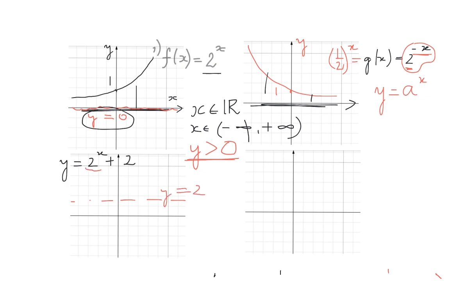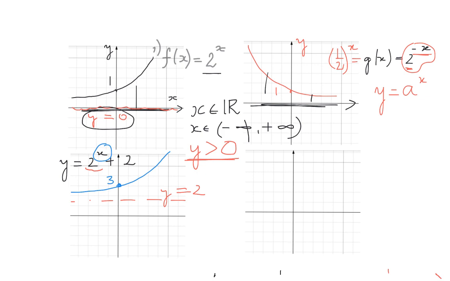My function still remains an increasing exponential function. However, the y-cut that I need to calculate by making x equal to 0, I hope you all said 3, because 2 to the 0 is 1, plus 2, we get a 3.